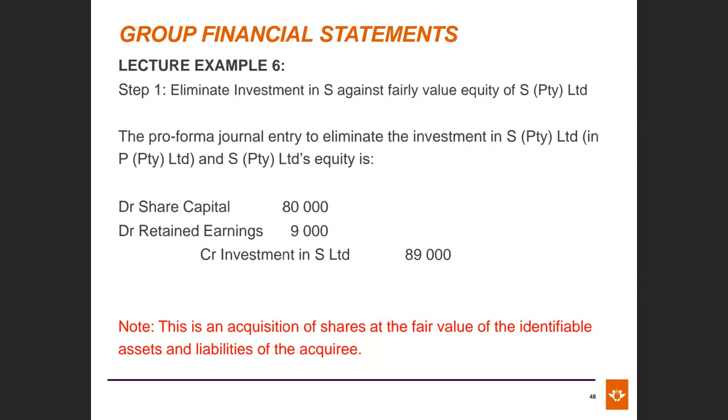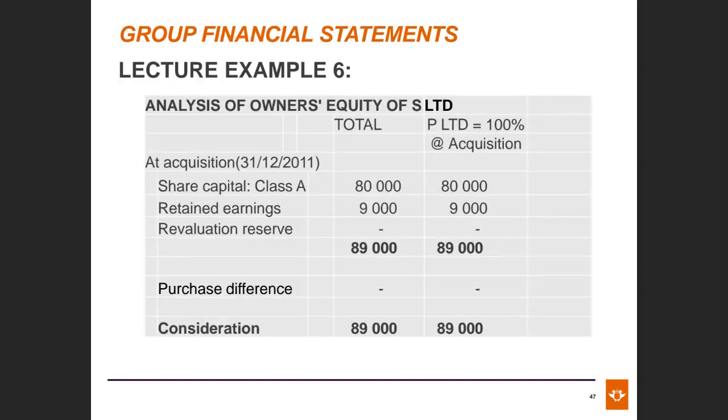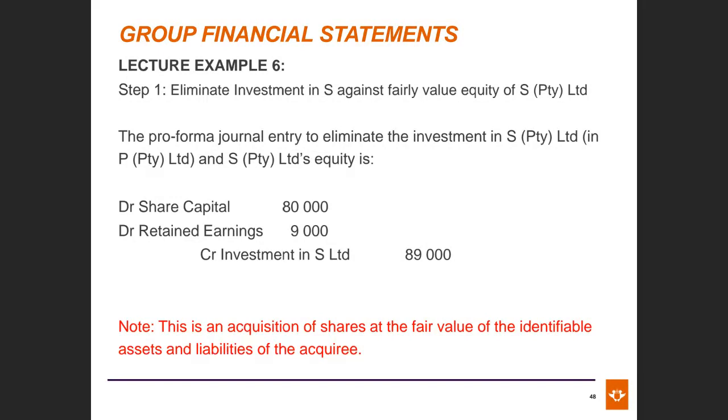In S's books, S had share capital of 80,000 and retained earnings of 9,000, and we are going to set this off against the investment in S. These journal entries are only recorded in the consolidated financial statements. So we debit share capital 80,000, debit retained earnings 9,000, and credit investment in S 89,000.